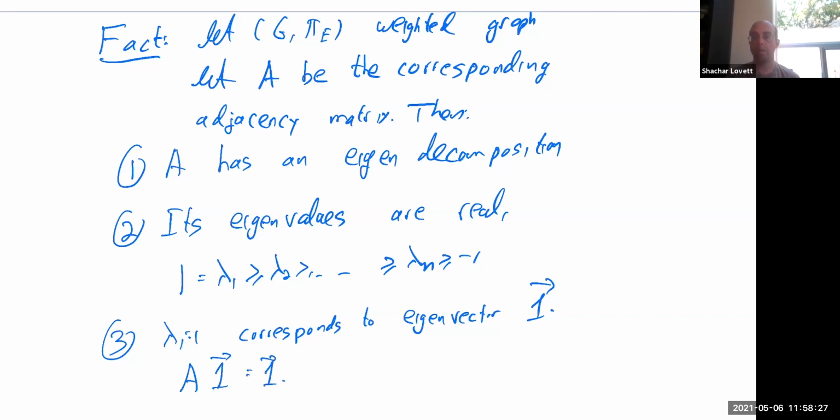So my claim is that it doesn't matter how we put the weights. If we have a function that's all 1, and we look at the average of its neighbors, it's still going to be 1. It doesn't matter what weights we give them. When we average a constant function, we get a constant function. So this is another benefit of letting our matrix act as an averaging operator, because the eigenvector corresponding to eigenvalue 1 is always going to be the constant 1 function.